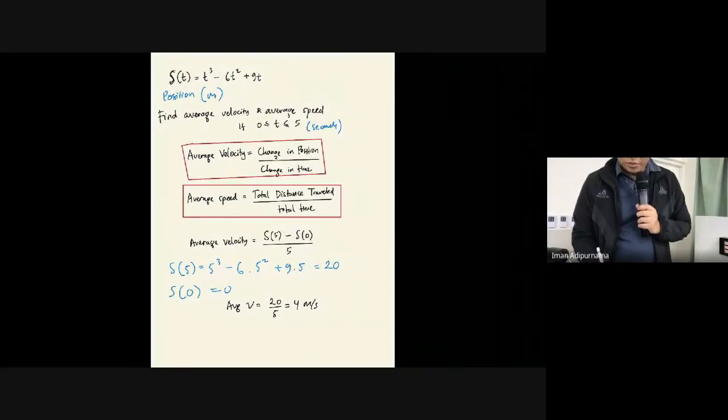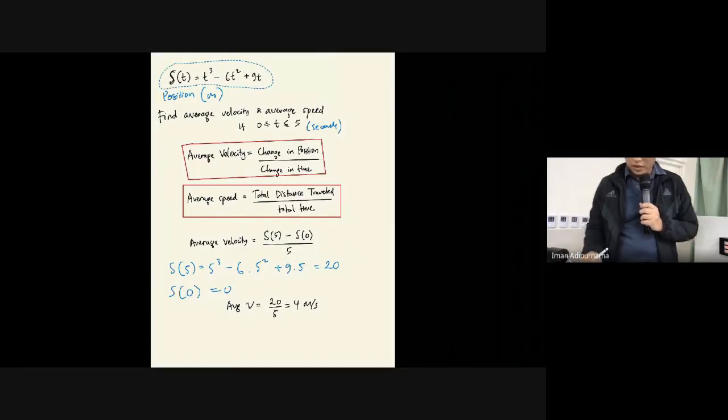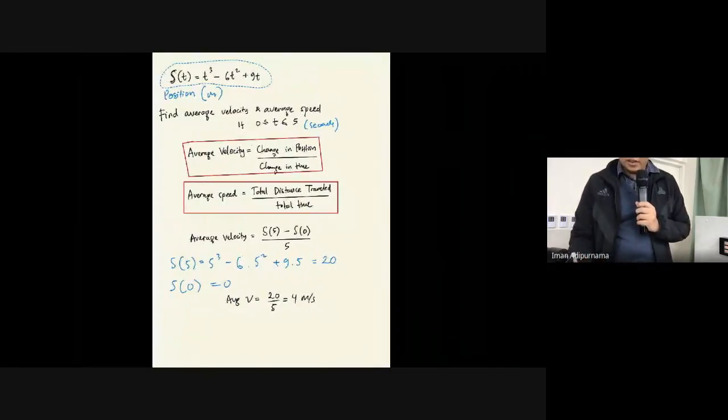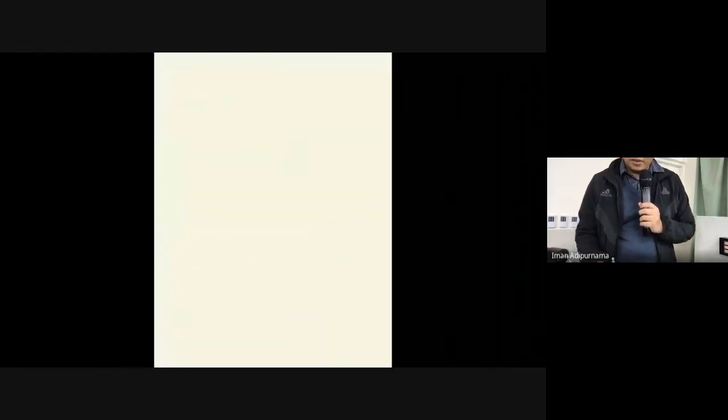Let me copy this whole function. Now let's look at the average speed, which is total distance traveled over total time.